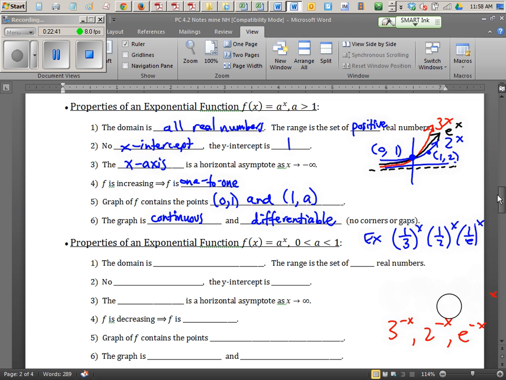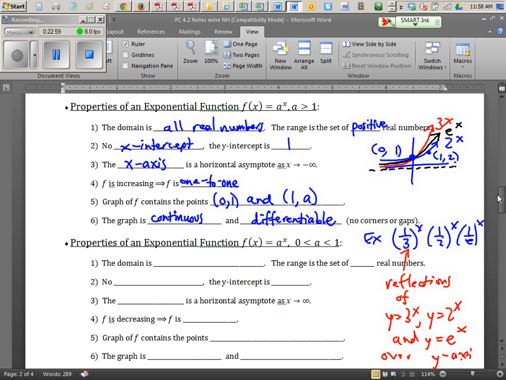Okay, so I'll write that in here. I'm saying that these are reflections of y equals 3 to the x, y equals 2 to the x, and y equals e to the x over the y-axis. No big deal. Okay, so I believe the domain would still be all real numbers.